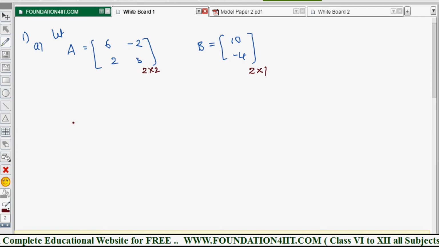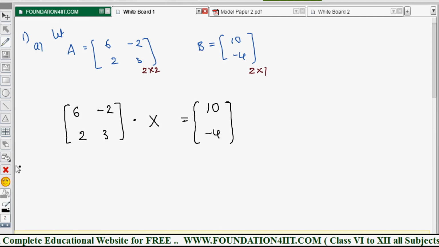So to find out the order of the matrix, when you take this condition, matrix A, that is [6 -2; 2 3], we need to multiply with matrix X. That order we should find out first. And the multiplying result is [10; -4].